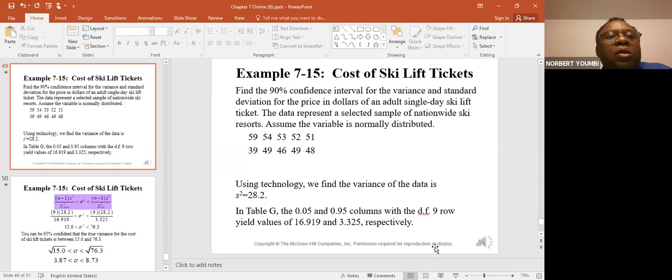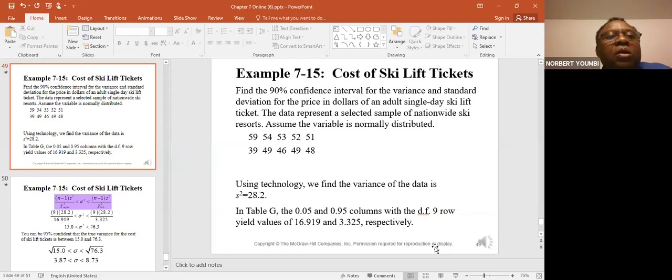By now, you should be used to the two values that we need to find, chi-square left and chi-square right. At 90%, we have 10% divided by 2, 5%, subtracted from 1 gives 0.95. So we are going to be looking for 0.95 and 0.05 with degrees of freedom of 9.